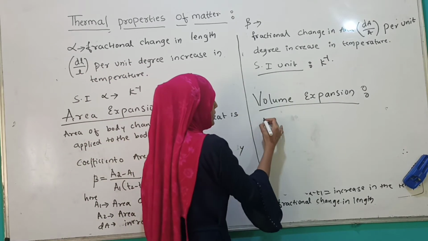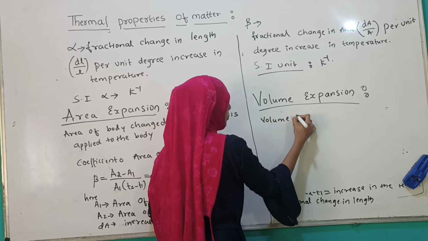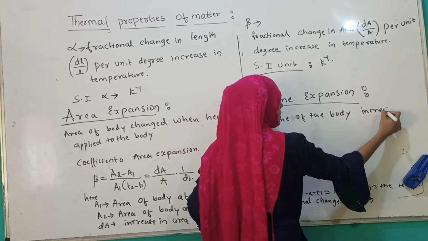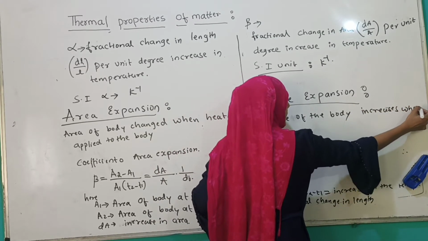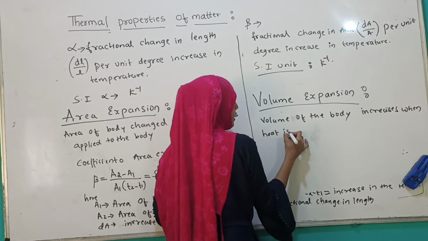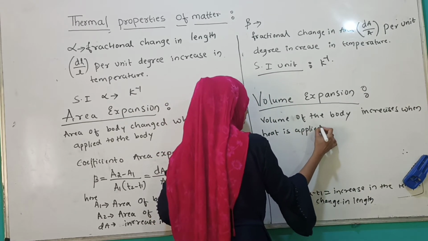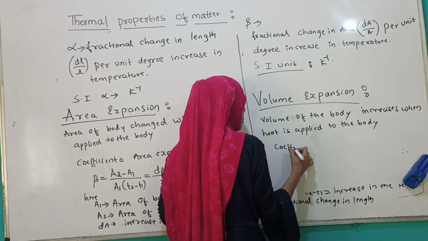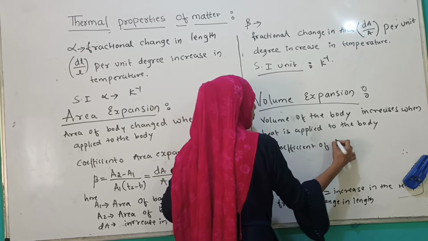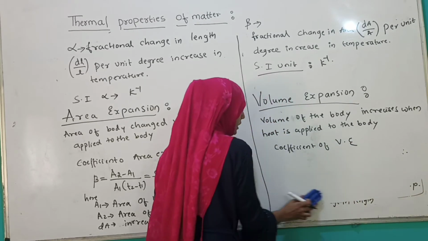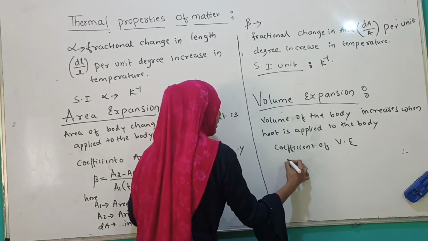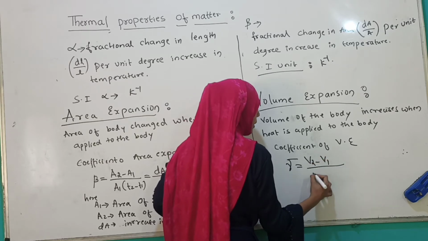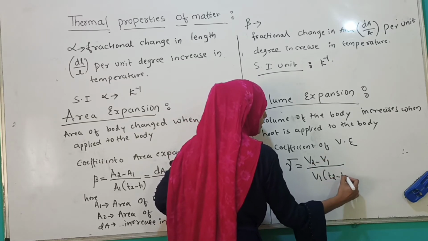Volume expansion is nothing but the volume of the body increases when heat is applied to the body, and the coefficient of volume expansion is given by gamma is equal to V2 minus V1 divided by V1 into T2 minus T1.